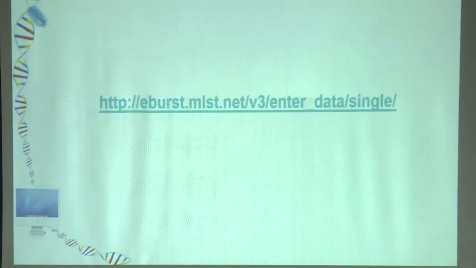How to do that? You will find the software at this particular link. You just Google it, eBURST v3. We will demonstrate. You just click it, a window will open. There will be a place where you can upload your data. What data are you going to upload here?